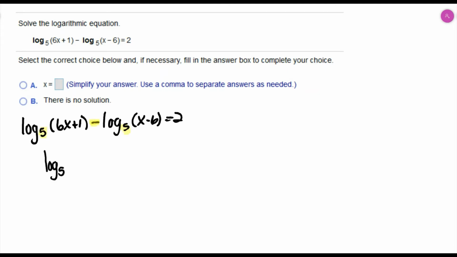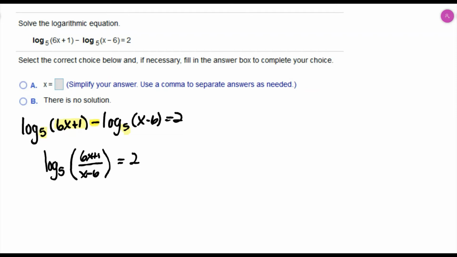And because I'm subtracting them, I'm using the quotient rule. This log, which is positive, will go into the numerator. And this log that is negative will go into the denominator. The right-hand side of the equation hasn't changed.